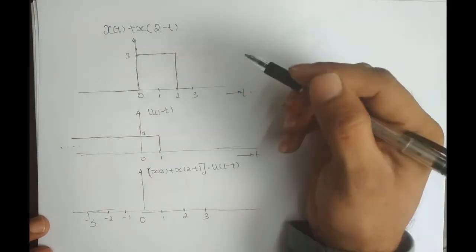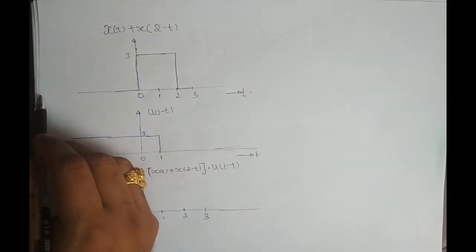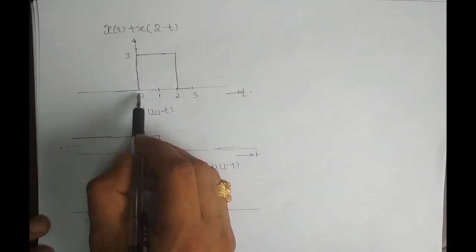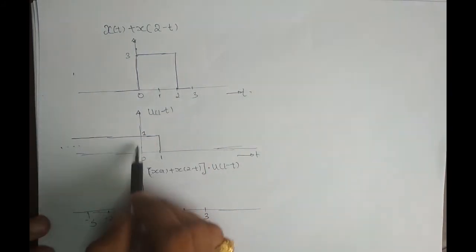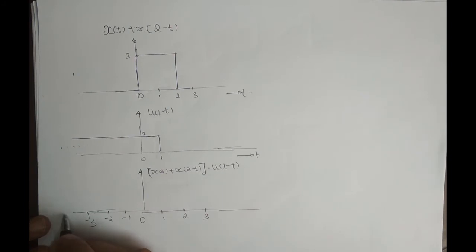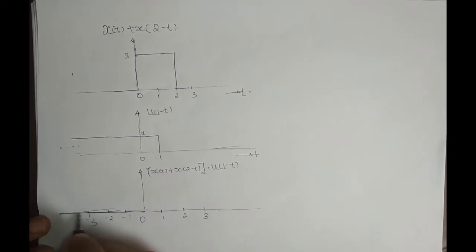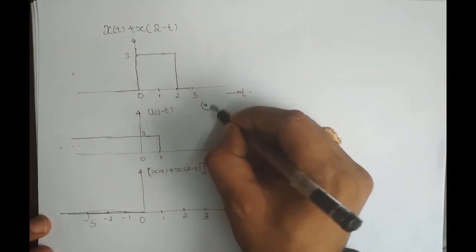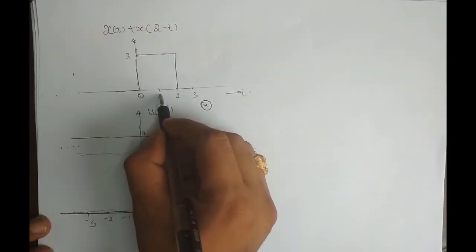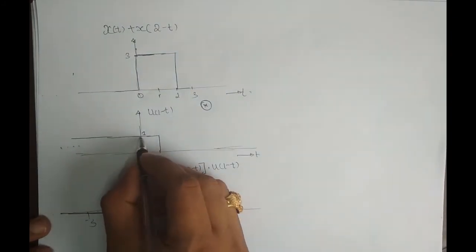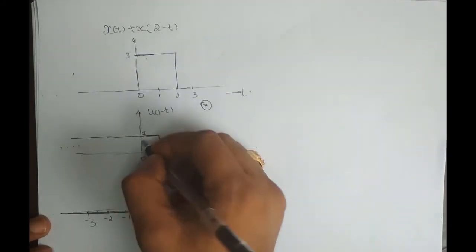Now for t varying from minus infinity to t equal to 0, I have amplitude 0. 0 multiplied by anything is 0, right? So from minus infinity to 0, it's completely 0 because I am multiplying it. So 0 into any signal is 0. Now for t varying from 0 to 1, what is the amplitude of the first signal? It is 3. What is the amplitude of the second signal? It is 1. So 3 into 1, it is 3, right?